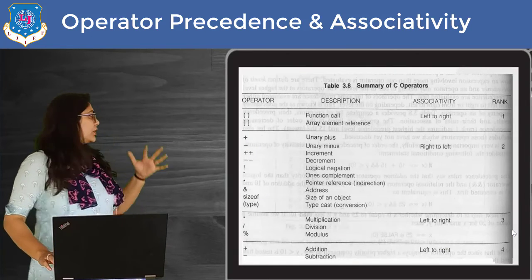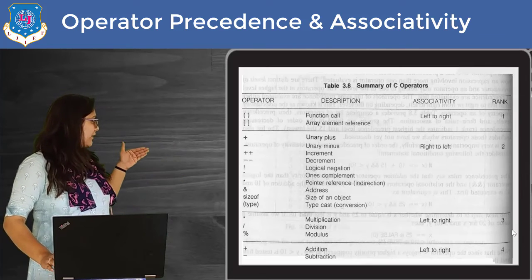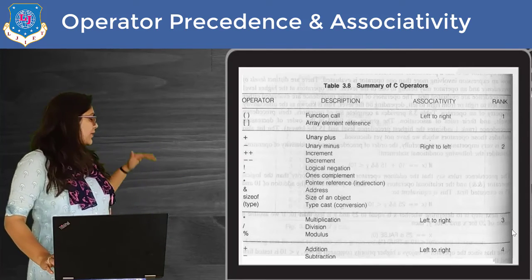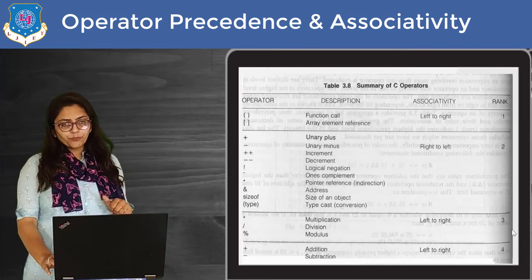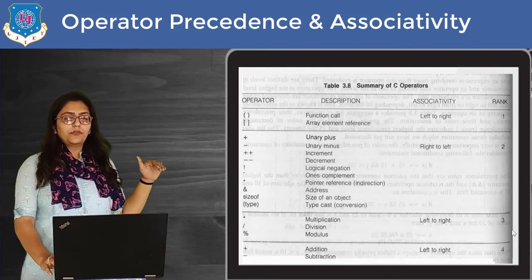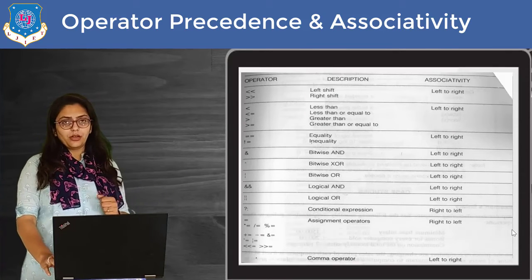If you want to learn, you can see this screenshot of your book, in which they have given the table where all these operators are written according to their associativity and precedence. You can remember this table for further use. Here is the second page of that table.